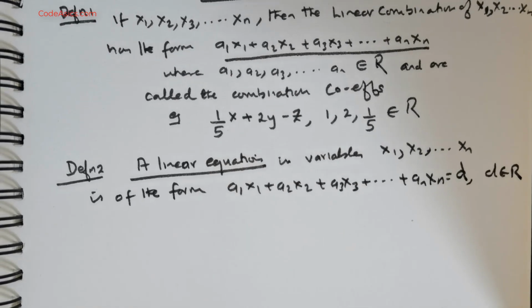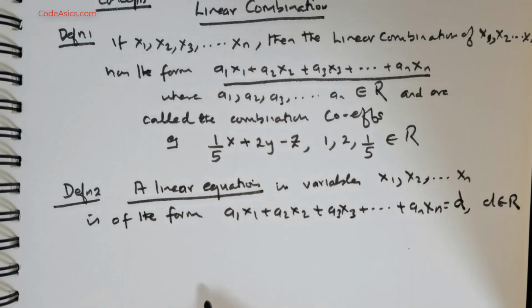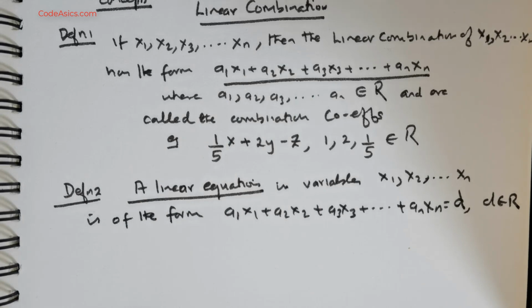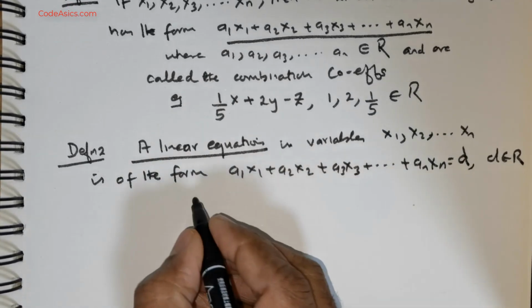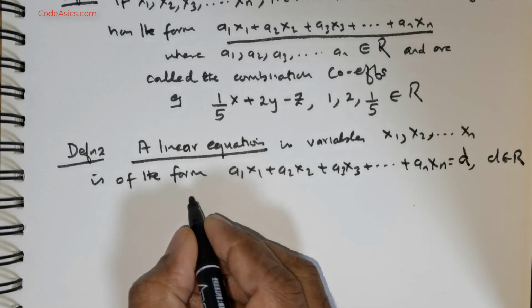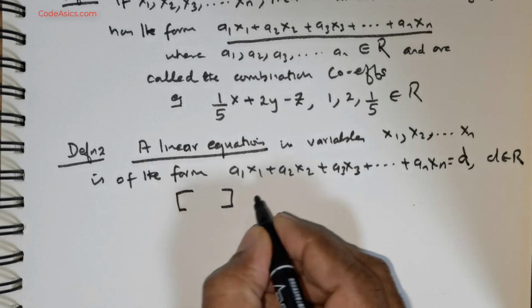Okay, now as I mentioned to you, I gave you this all important definition for linear combination, and now the definition for linear equation. Now, why is this important? Let me give you this classic illustration of an organization.